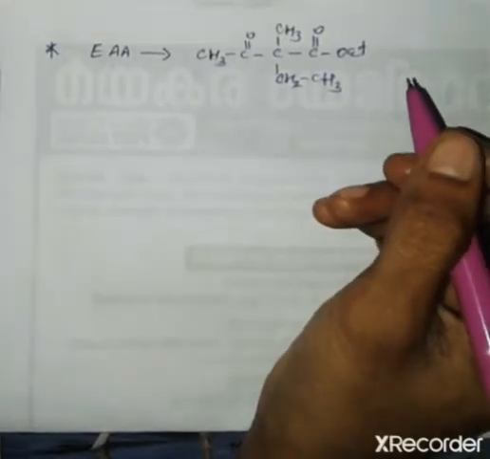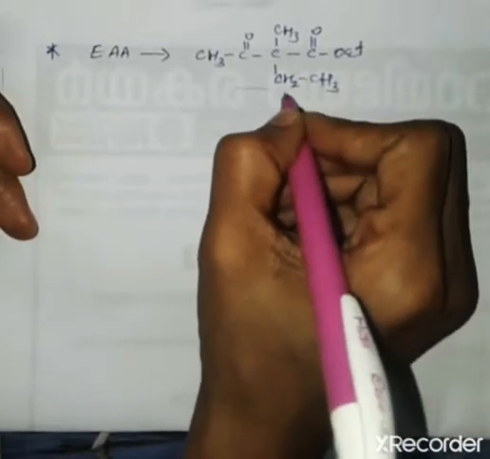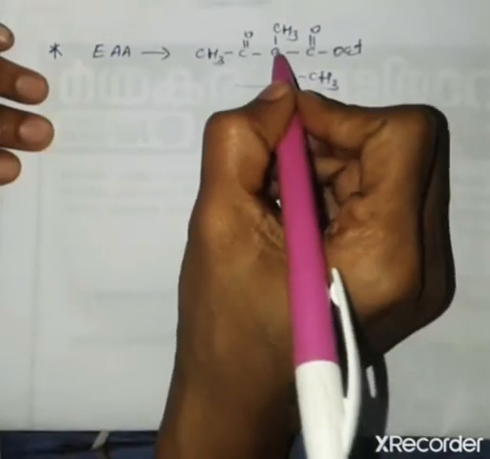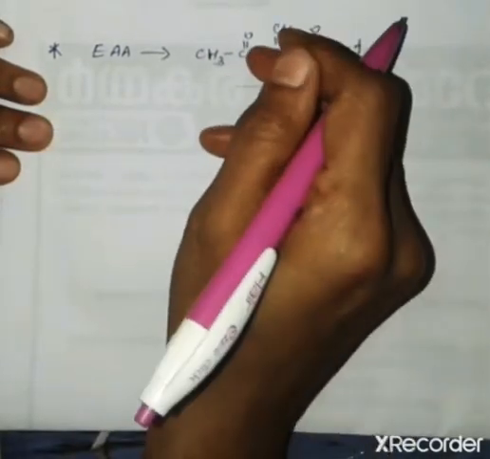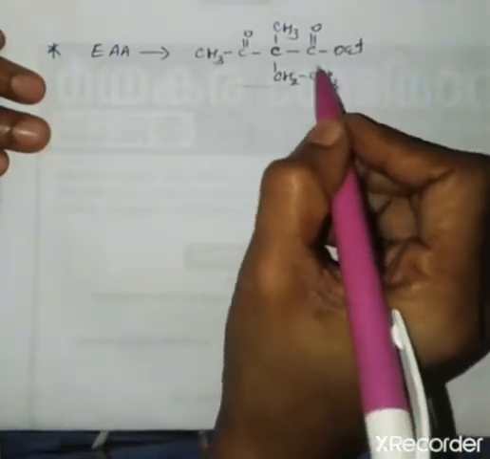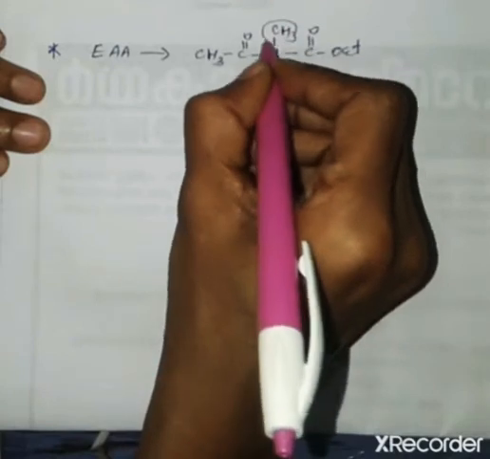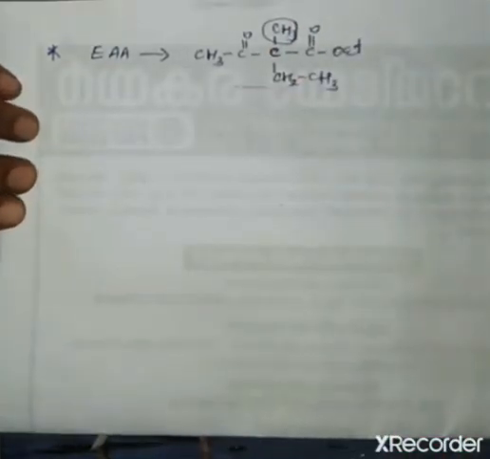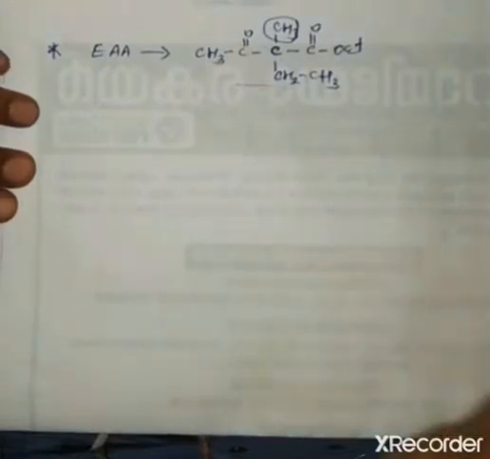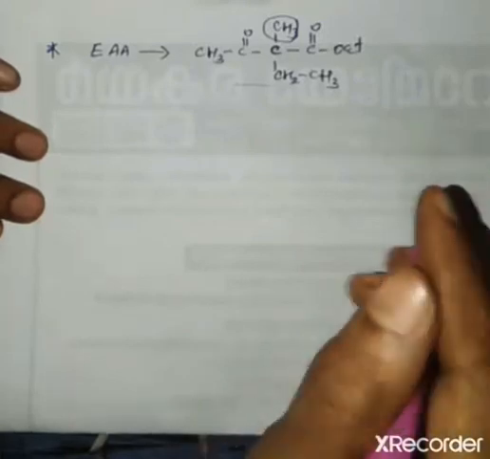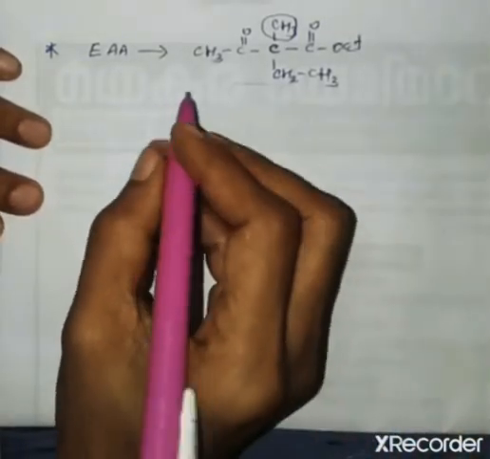How can you synthesize this from ethyl acetoacetate? Here the two methylene hydrogen atoms are replaced by two different alkyl groups. One is an ethyl group and the other one is a methyl group. This reaction takes place in three steps. It needs two different alkyl halides.